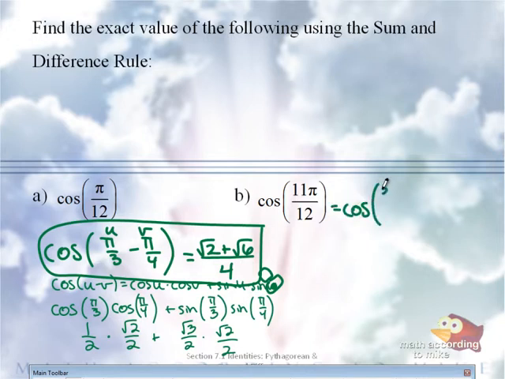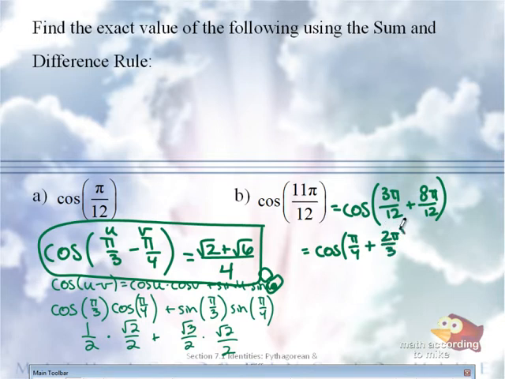So does everyone believe me that 3 pi over 12 plus 8 pi over 12 add up to 11 pi over 12? Okay. What is 3 pi over 12 reduced to? Pi over 4. And 8 pi over 12? 2 pi over 3. Hooray! And that was a good use of the original numbers of 3 and 8 because we ended up with numbers that are on the unit circle.